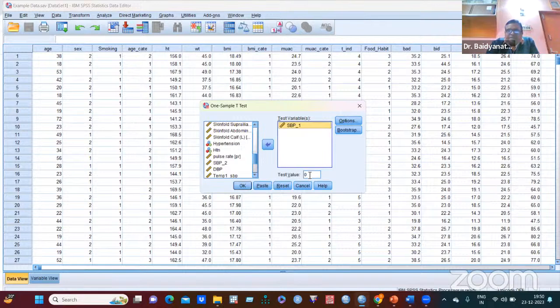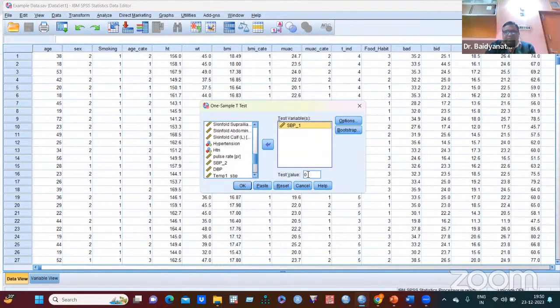The test value is your reference value, for example an observed value from a previous study. You compare your mean with this target value: is there any significant difference or not?